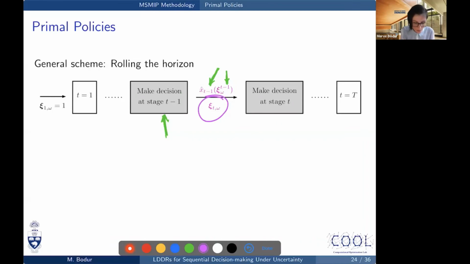And by using the previous decisions that you committed and the revealed observations of the uncertainty, you need to again call your decision-making tool and make your stage t decisions. So whatever policy you design is going to describe what goes into this box. How would you be able to make the decisions? This is where we have some design choices to make.